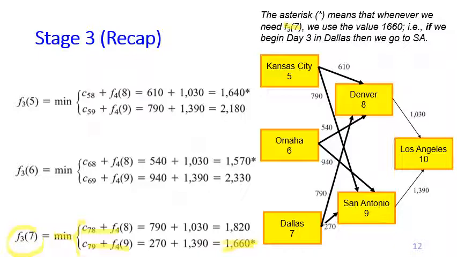So whenever we need F37, we will use the value of 1,660. In stage 2, we will see that we will need the values of F35, F36, and F37.